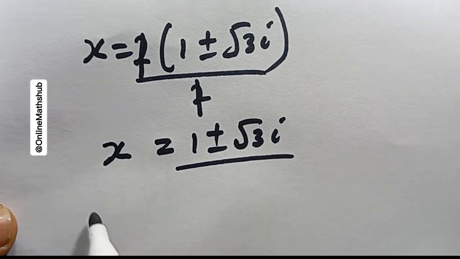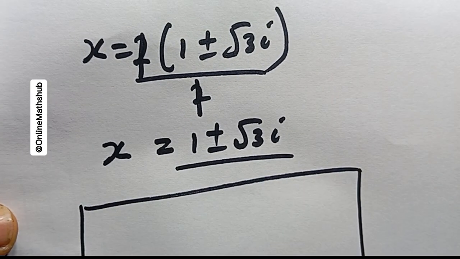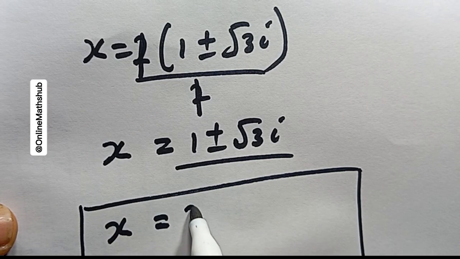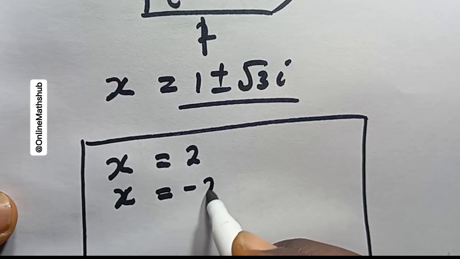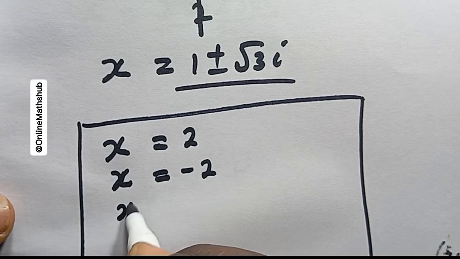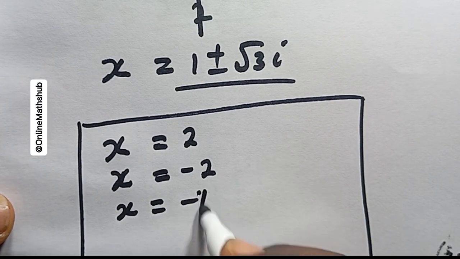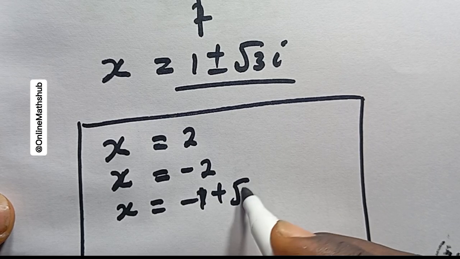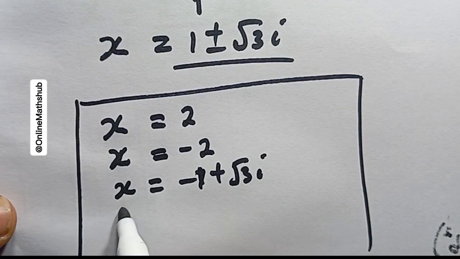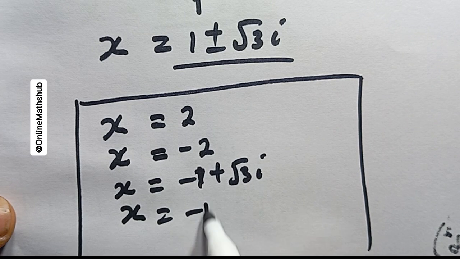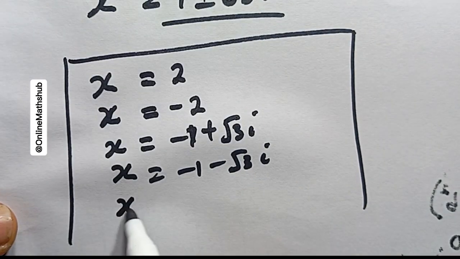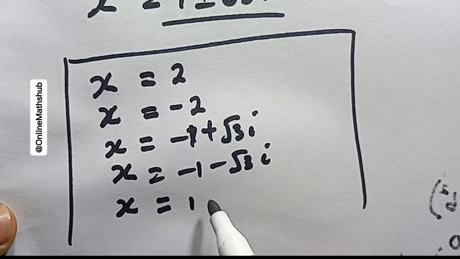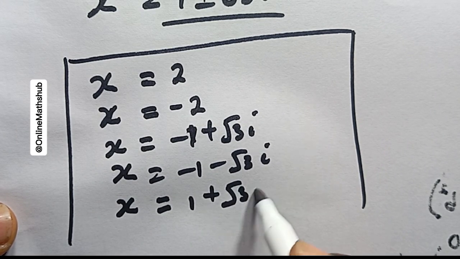So if we bring everything together in this box, we see that first x is equal to 2, and then x is also equal to negative 2, and x is equal to minus 1 plus root 3i. x is also equal to minus 1 minus root 3i. x is equal to 1 plus root 3i.